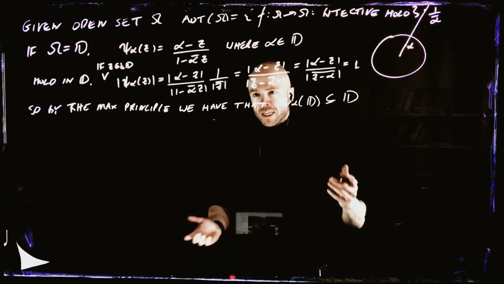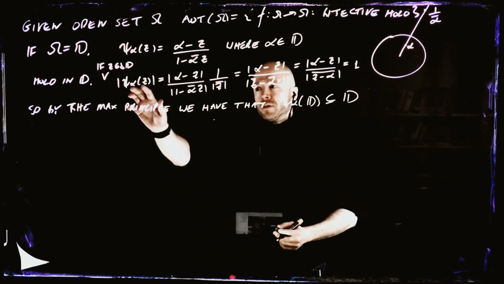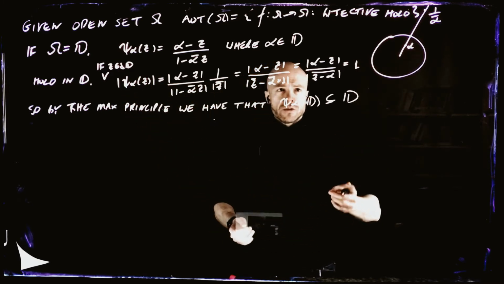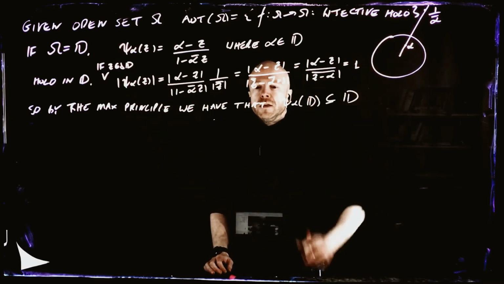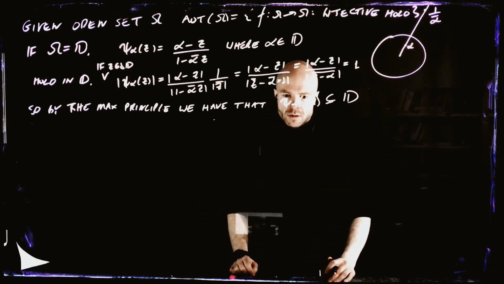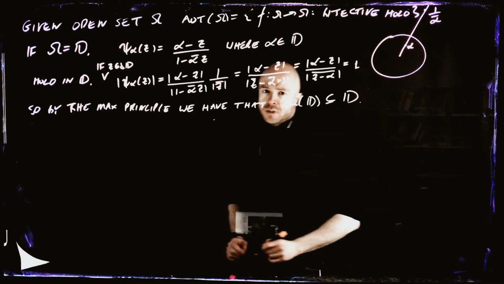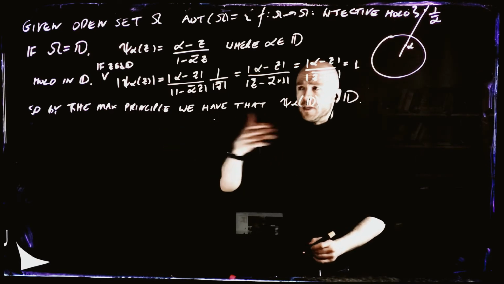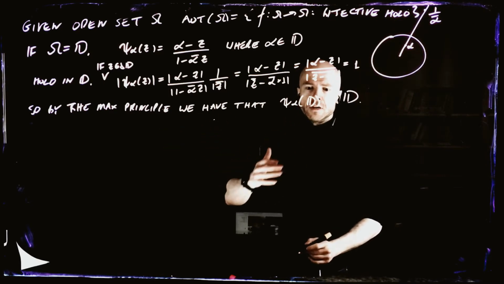Because the maximum of phi alpha of z for anything inside D has to be achieved on the boundary, and the maximum is going to be of length 1, right? So we definitely map inside the disk itself. Yeah? Cool. So now we just need to show that this is a bijection, that it maps itself to itself.